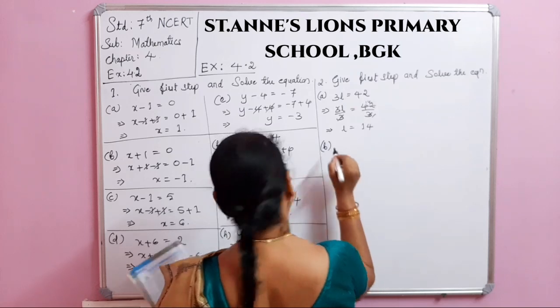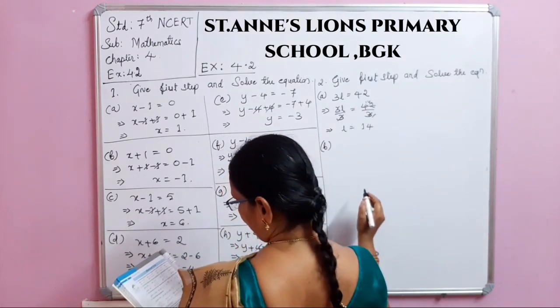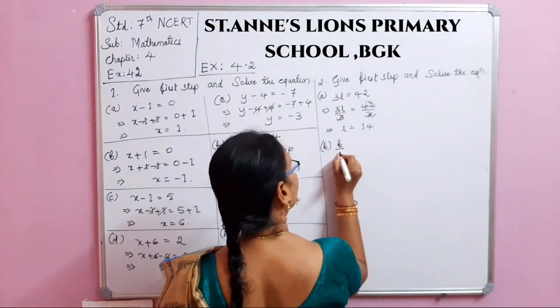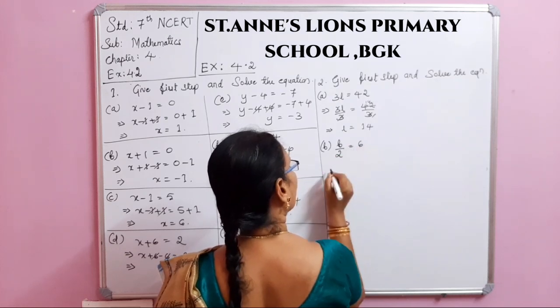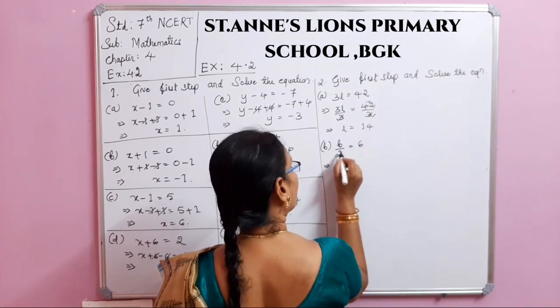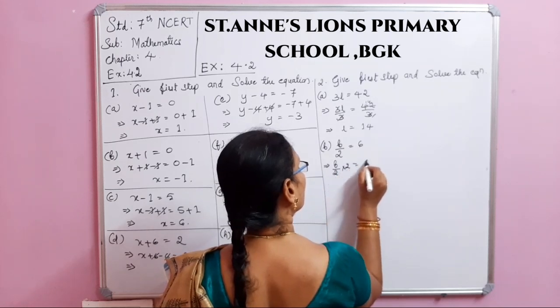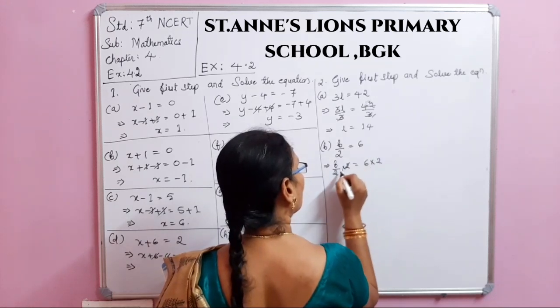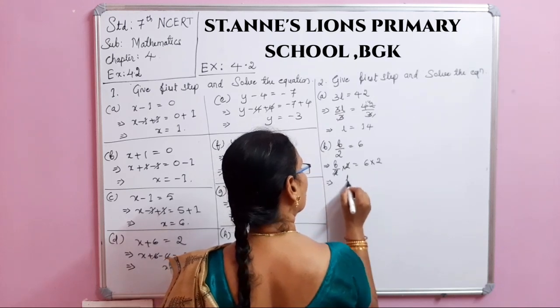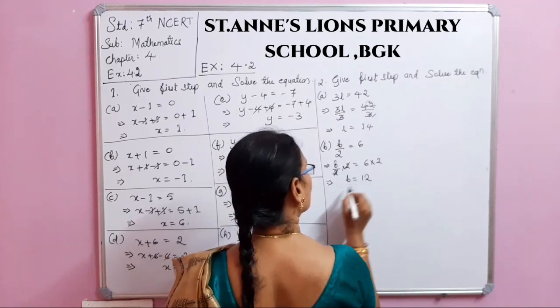Next, B. B by 2 equal to 6. See here, but division is there. So we have to multiply. Here also 2, here also 2. 2 got cancelled. So B is equal to 6 2s are 12.